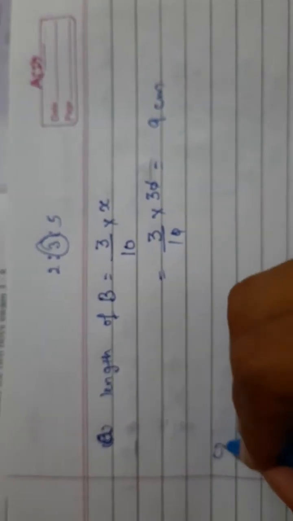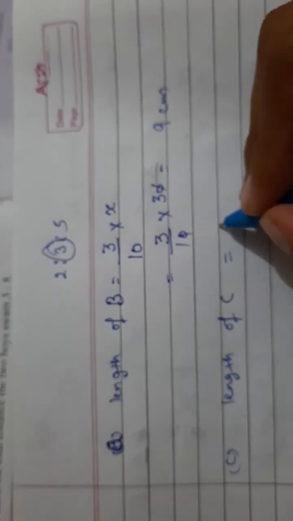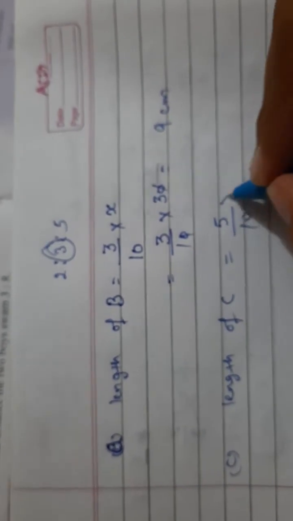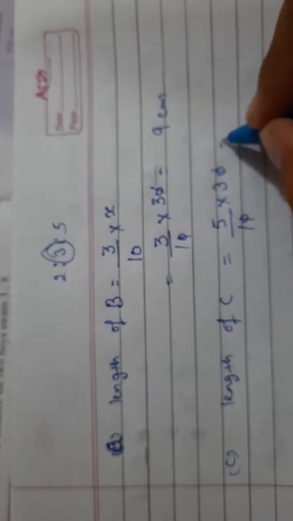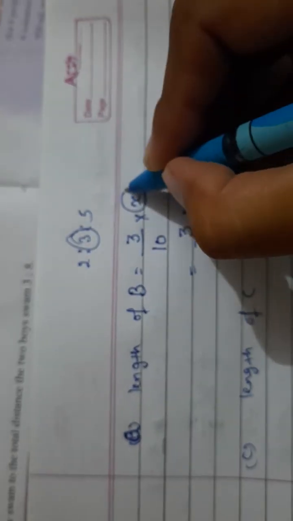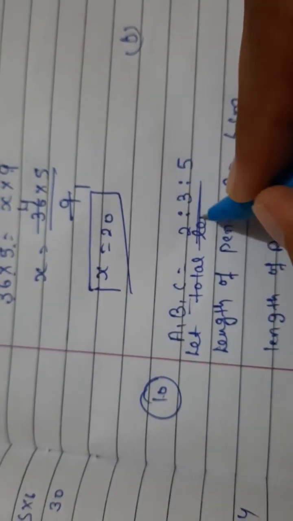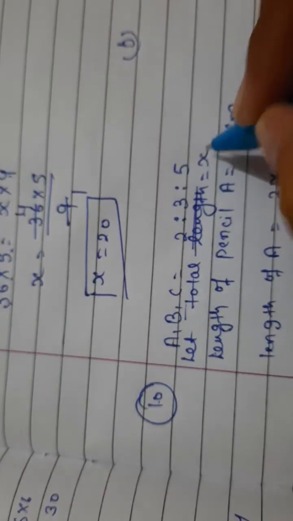9 centimeter came. C part, length of C is 5 by 10 into 30, 15 centimeter came. Suppose at starting we write the total length is equal to x.